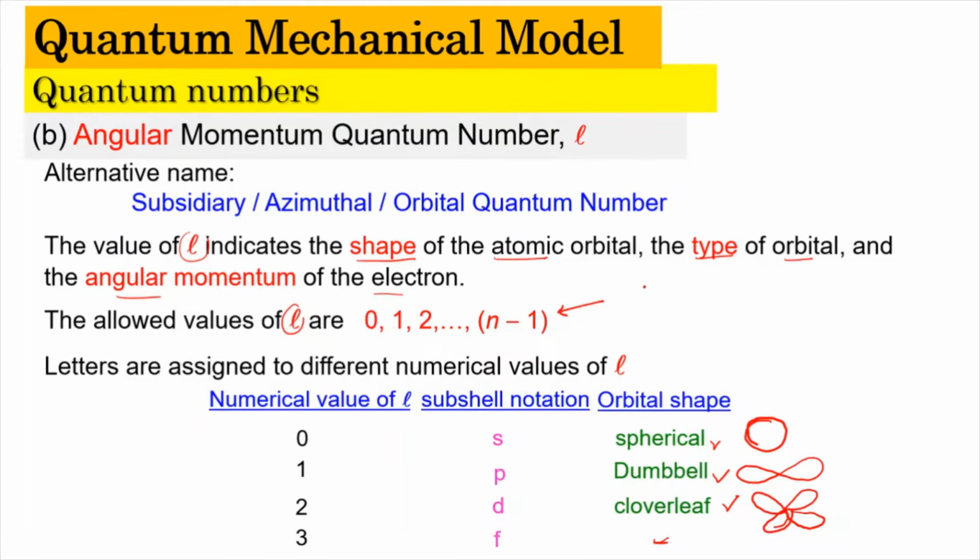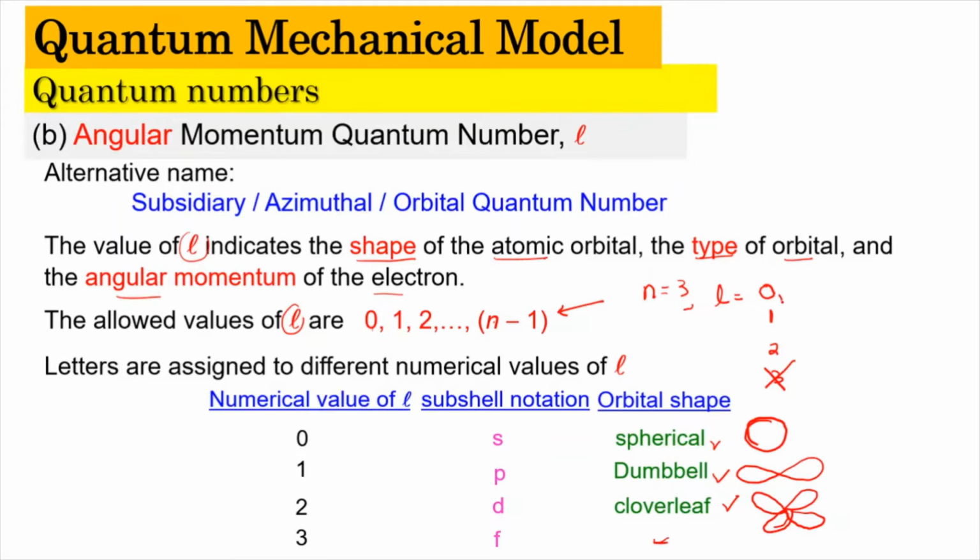So let's say if your value of n is 3, then your L here can be 0, 1, and 2. Because it can be 0, 1, and then 3 minus 1, so the highest one that you can get is 2. You cannot get 3 because the rule here needs to be 3 minus 1.